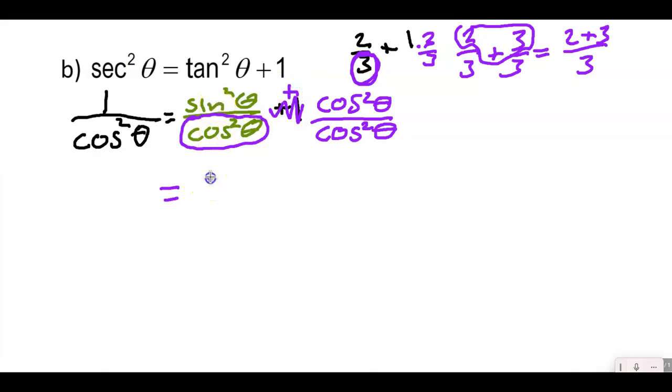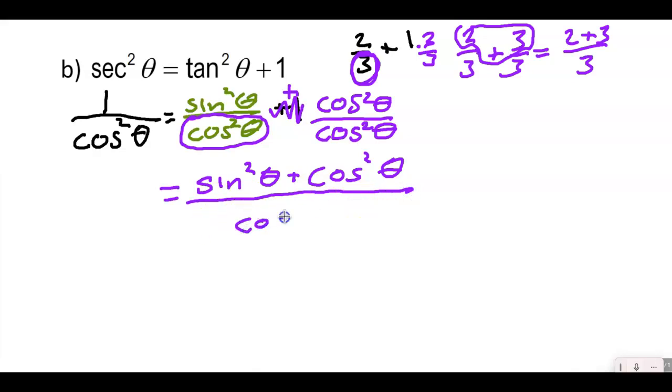So we have sine squared plus cosine squared all over cosine squared. Okay, so hopefully you can see the relationship between the elementary version of this and then the trig version of this, as the steps are the same, but just instead of numbers we got cosines and cosine squareds, right?